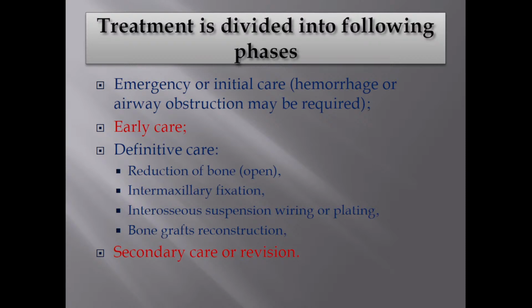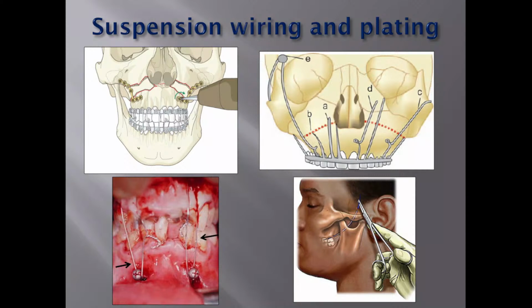Here we can use different ways of fixation, and usually it's extraoral fixation and open reduction techniques. On this slide you can see miniplates. As I said earlier, they are used for all other bones, mandible, zygomatic, nasal, and we can easily use them on the maxilla too. On the next scheme you can see wirings.